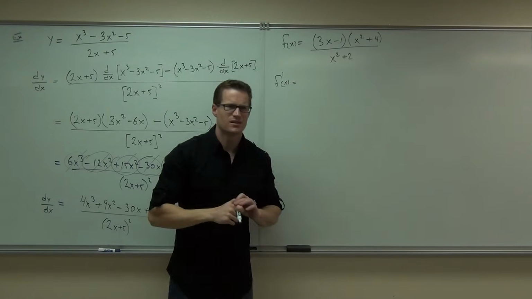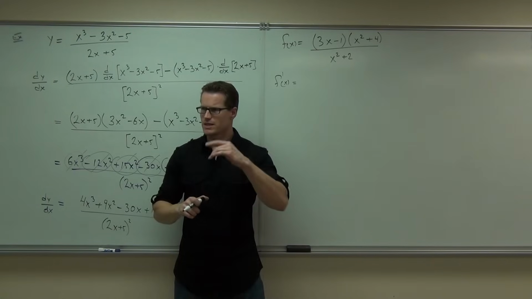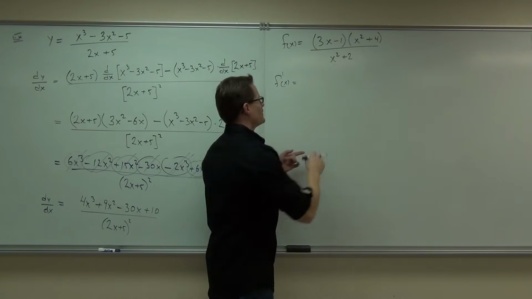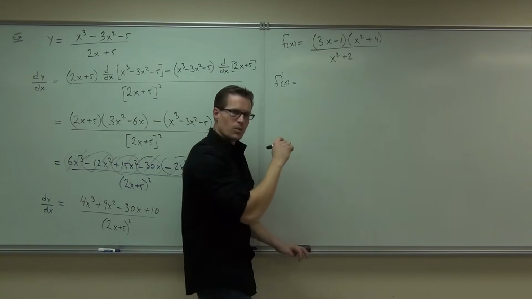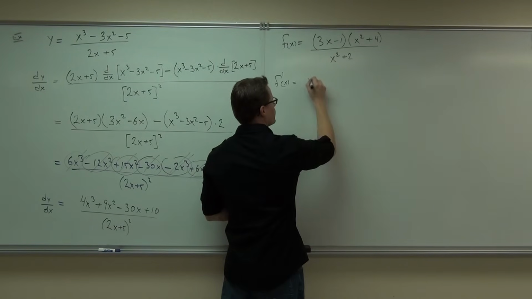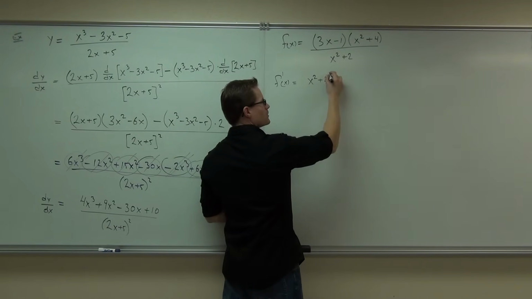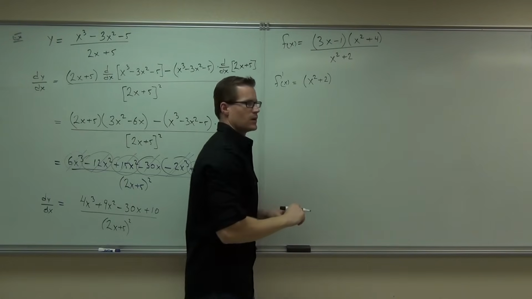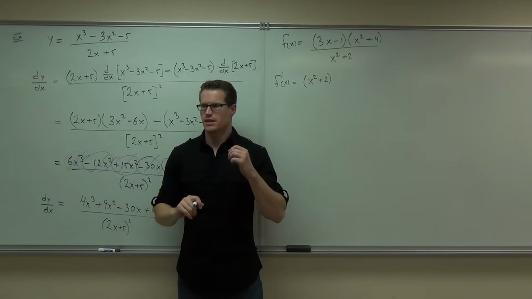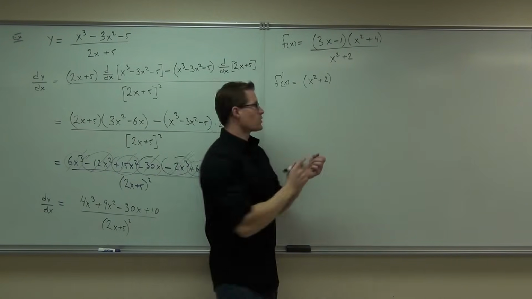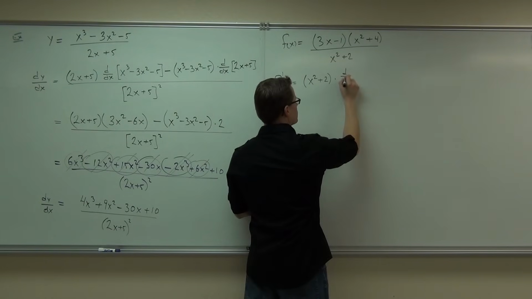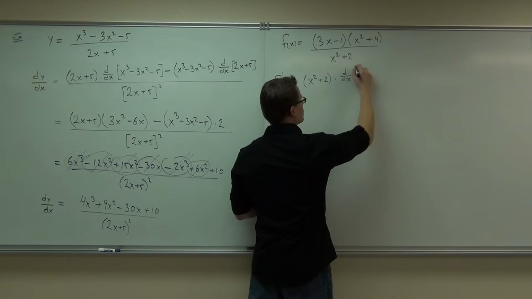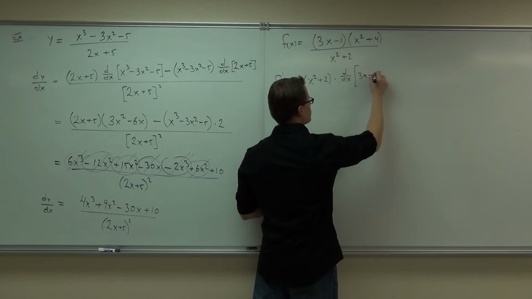What is it again? Low D high. Low. What says my low? X squared plus 2. Do I do anything to the low right now? Low. Then what? D high. D high. So we're going to do D high.